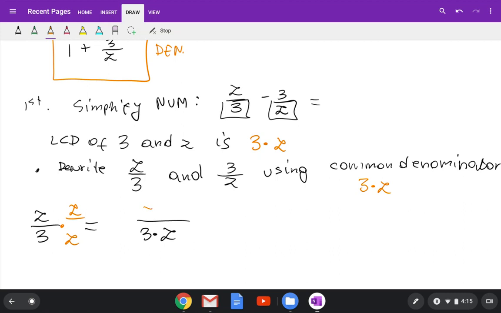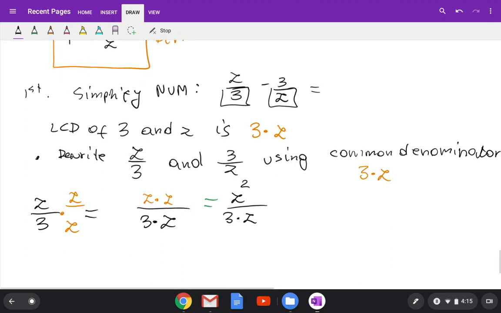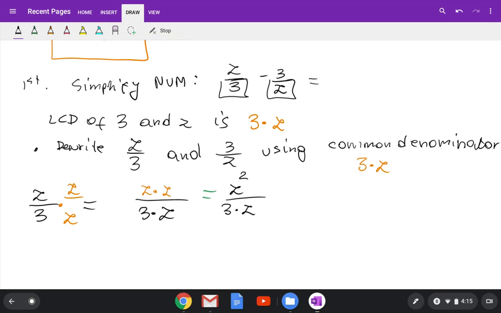So that will give us z times z over 3 times z, which when you simplify, you will end up with z squared. My 2 and z look almost the same, I don't want to confuse anybody. Z squared over 3 times z. Okay, so that was the first one, z over 3 right here.